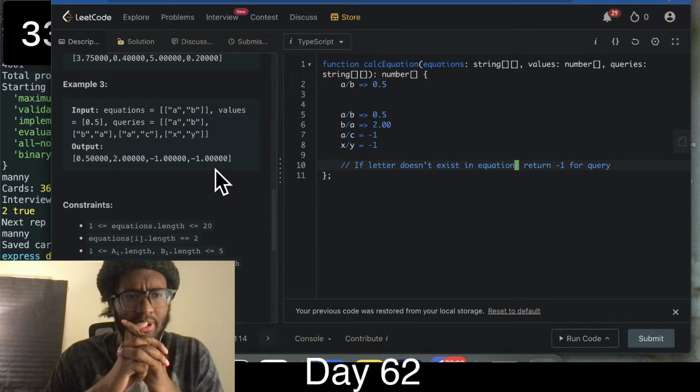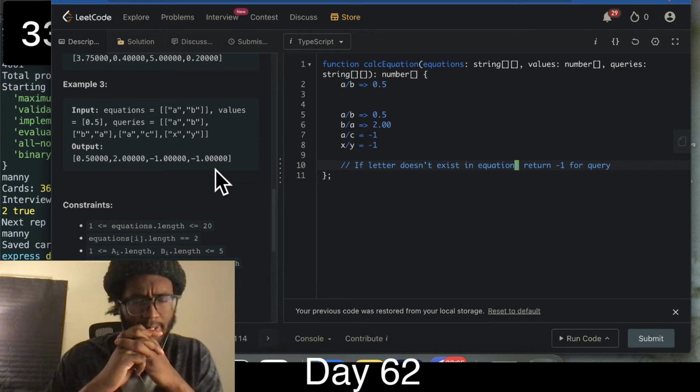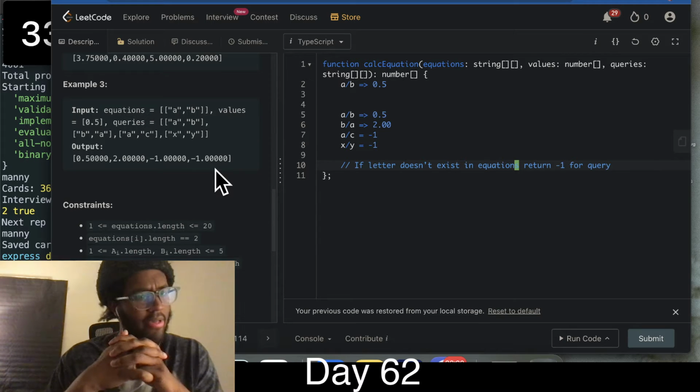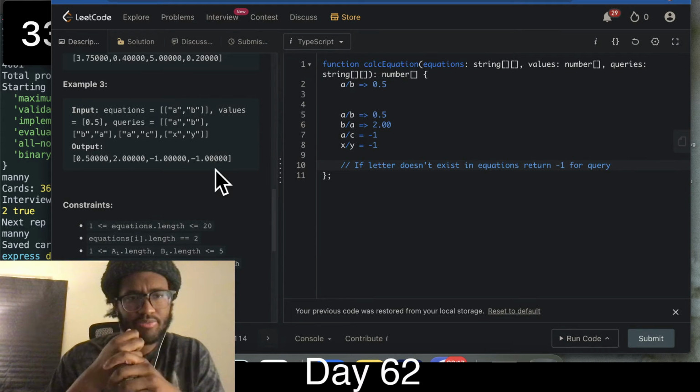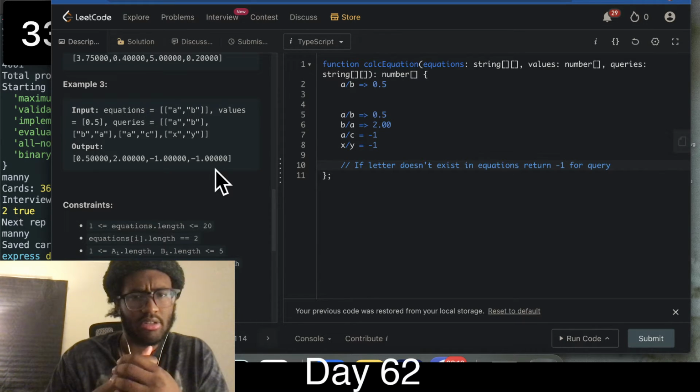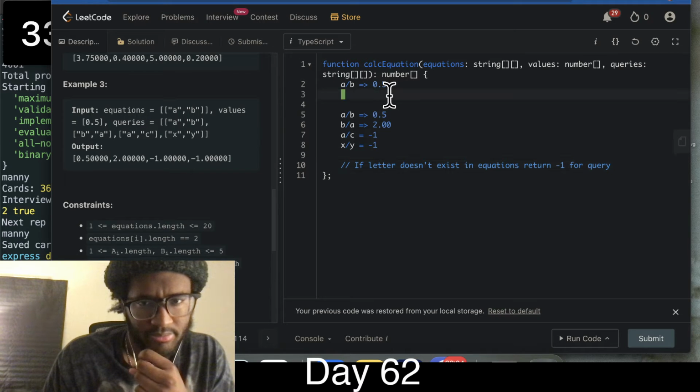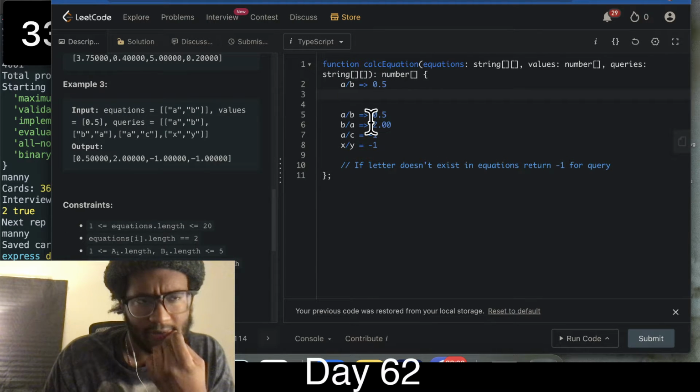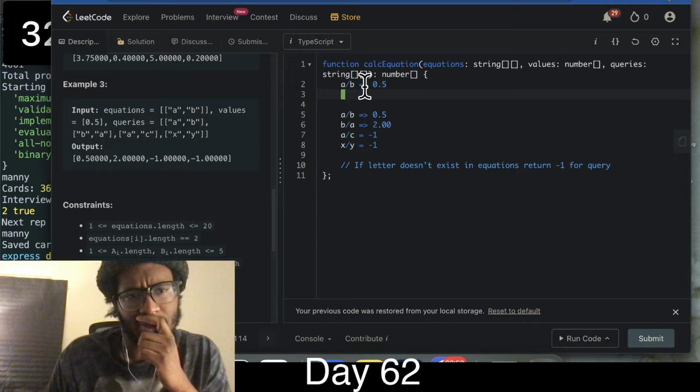We have B divided by A. And then A divided by C. How could you figure out that A divided by B equals 0.5 just with the values here?